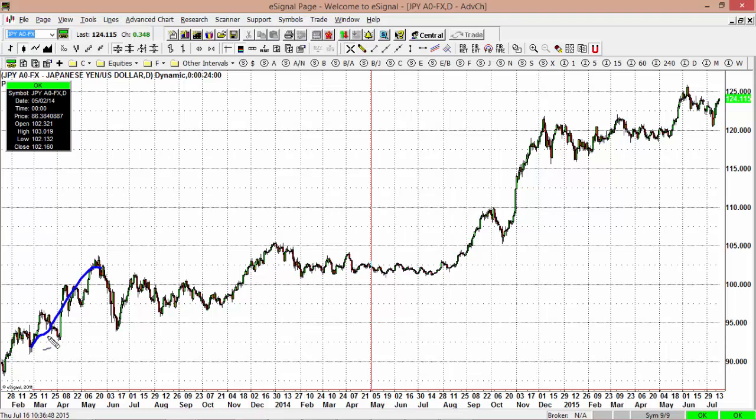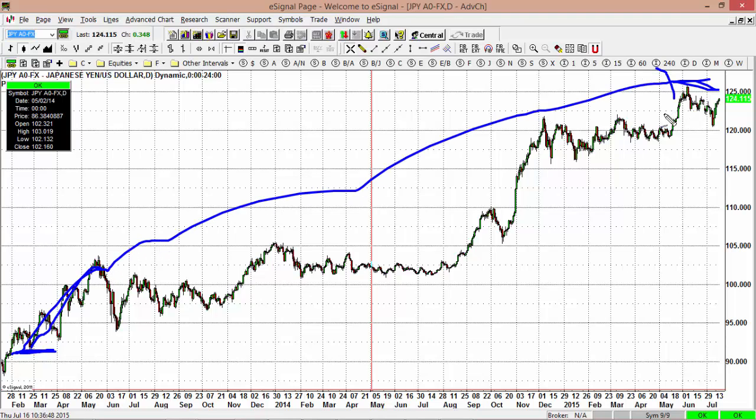So, for example, this is a chart of the USD versus the Japanese yen. We can see that from the bottom left of the chart to the top right, the market has been increasing. A series of higher highs and higher lows. And this is the definition of what we call an uptrend.